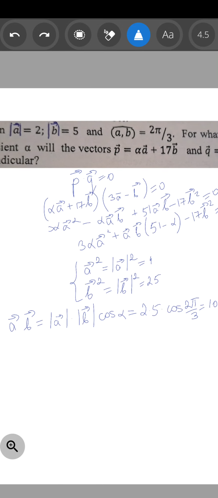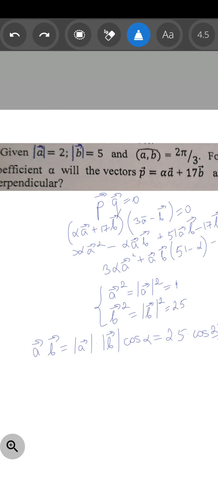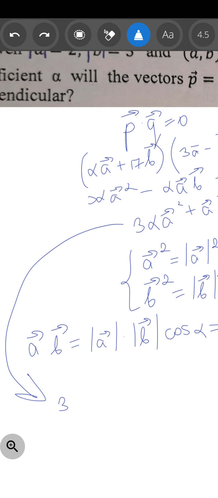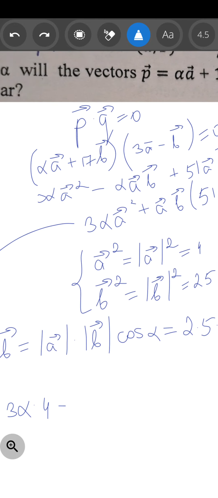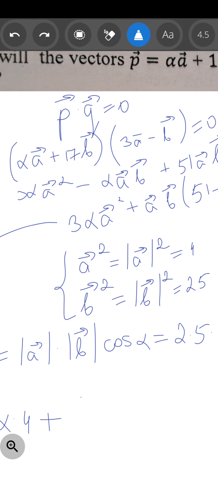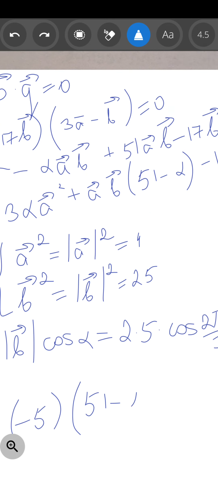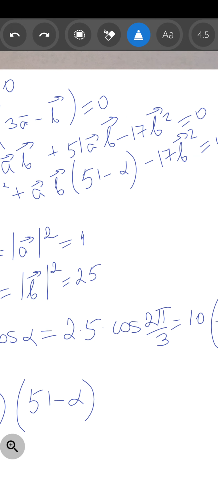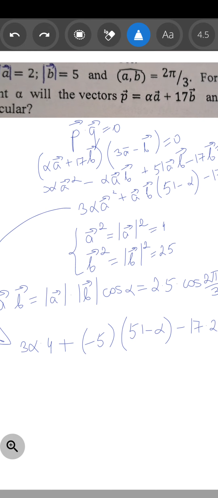So let's write these values in our expression. We obtain that 3 alpha times 4 plus negative 5 times (51 minus alpha) minus 17 times 25 equals 0. Let's simplify this expression.